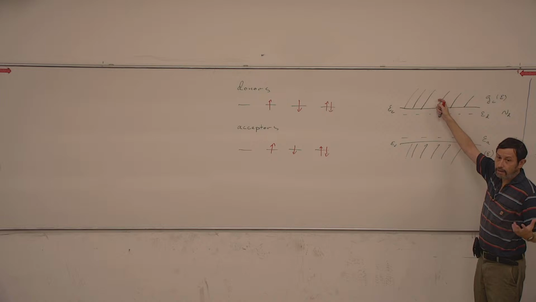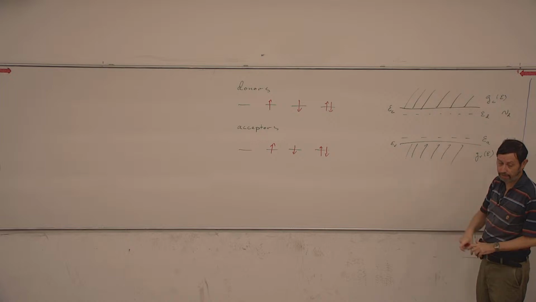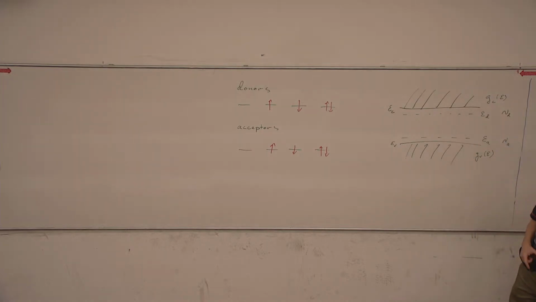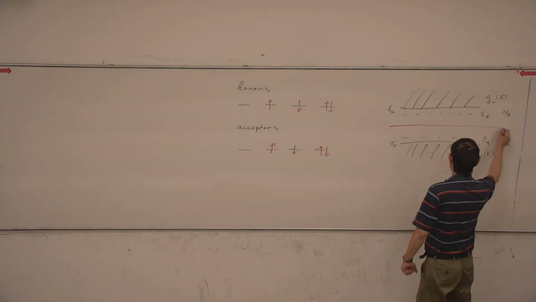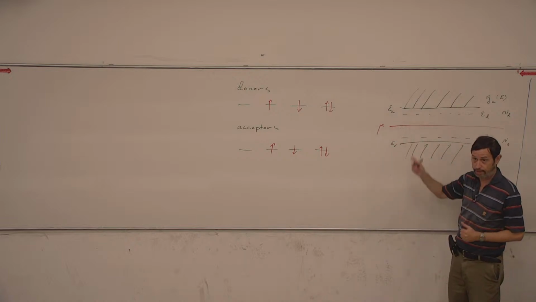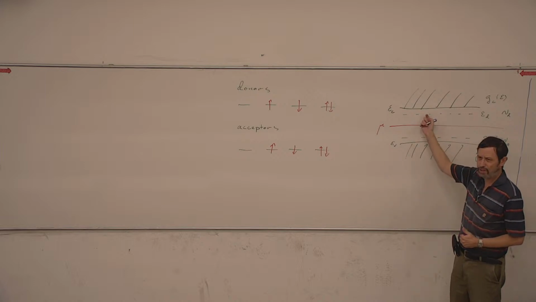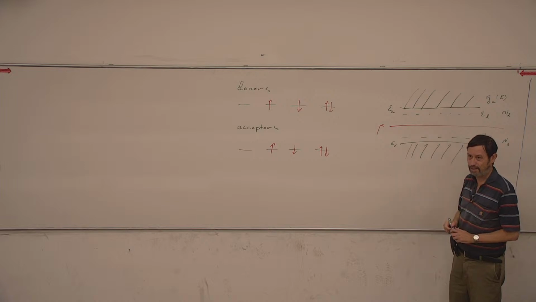You could argue that perhaps an electron moves down from the conduction band to the donor, but the conduction band is empty. Why? Because, as we considered in the previous lecture, mu is somewhere in the middle of the gap, and getting a double occupation here makes no sense.